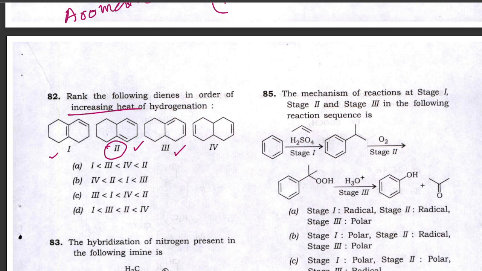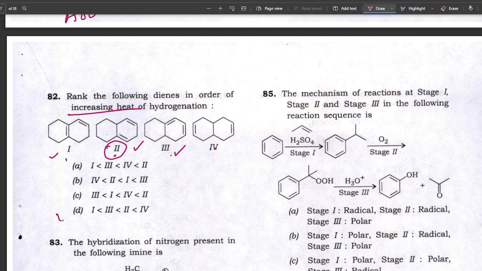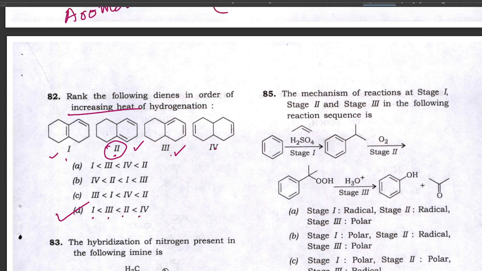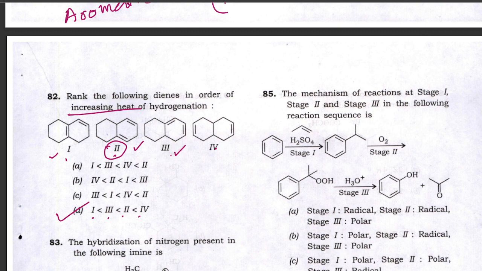So the order will be 1, 3, 2 and 4. So that is D, 1, 3, 2 and 4. This will be the decreasing order of stability, and in turn the increasing order of heat of hydrogenation.